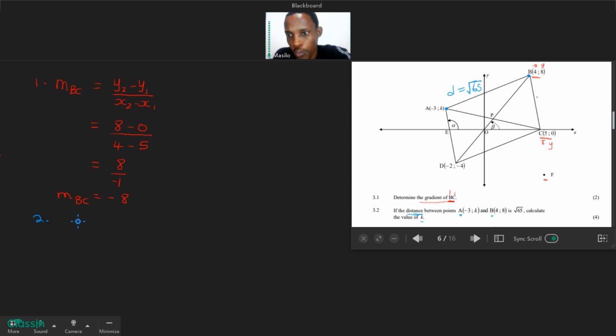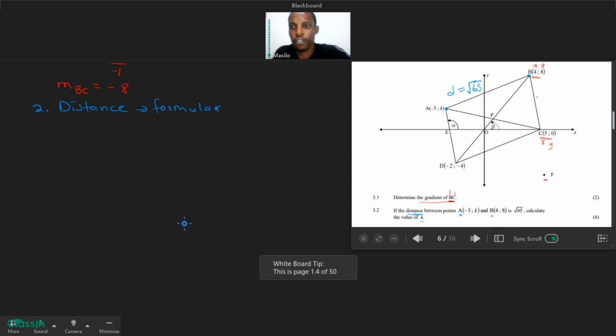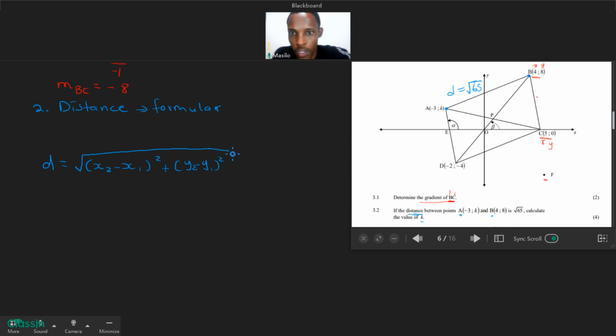Now, for number 2, because we are looking for the distance, we need a formula. Therefore, the distance formula will be D equals root of x2 minus x1 all squared plus y2 minus y1 all squared.